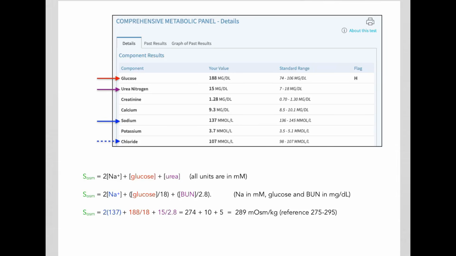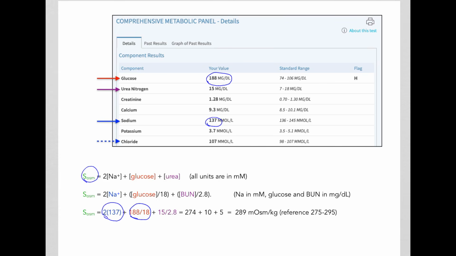So here's an example of how we could calculate a patient's serum osmolality. So we get the concentration of sodium, multiply that by 2. So the sodium concentration is 137 multiplied by 2. We get the concentration of glucose. The glucose concentration here is 188. Divide that by 18.